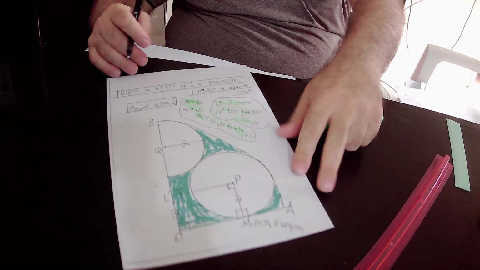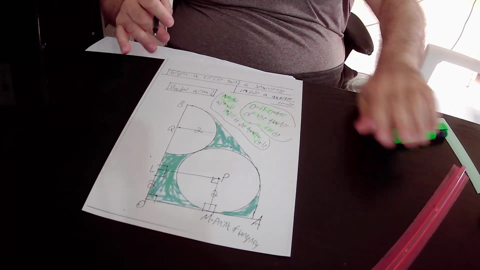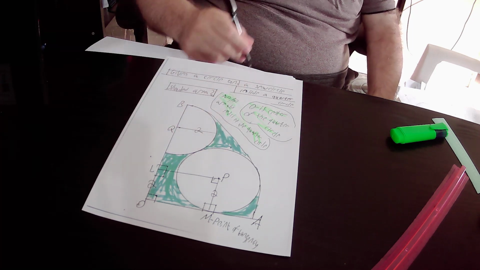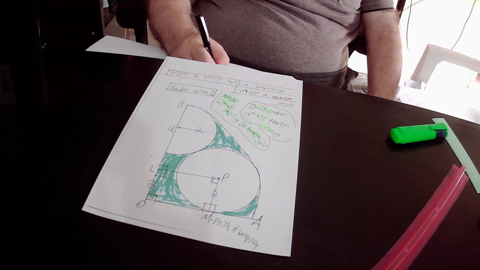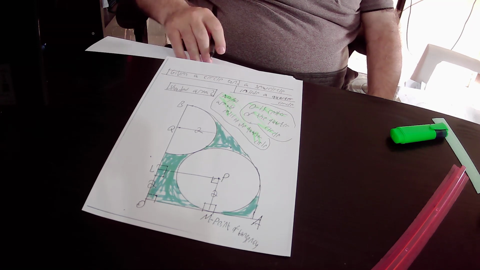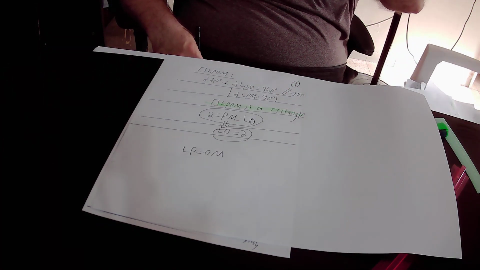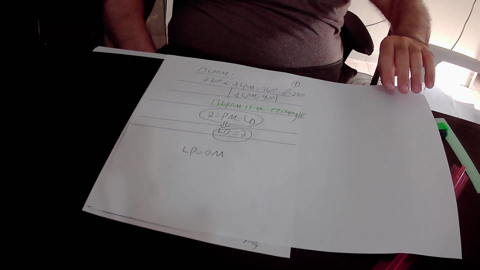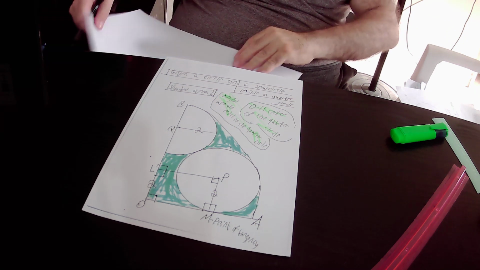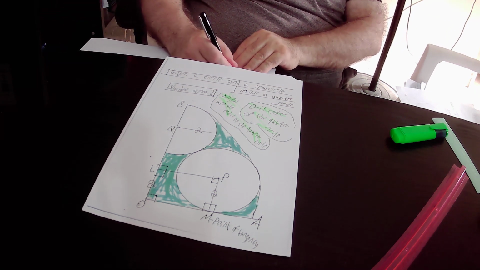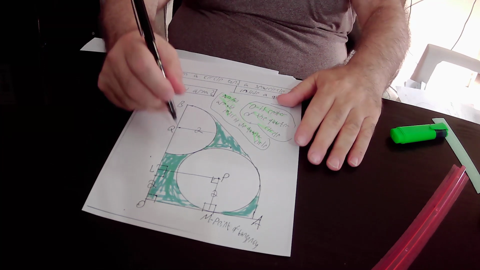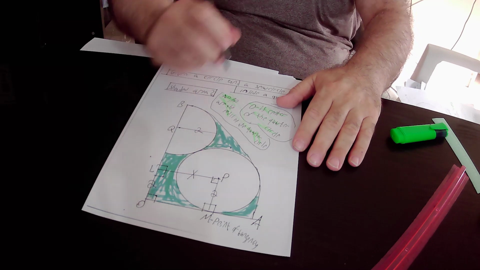Likewise, according to the same rule, that the opposite sides of a rectangle are equal to each other, we get that side LP must be equal to side OM. LP equals OM. So if we define side LP as x, here the side LP equals x according to our definition.